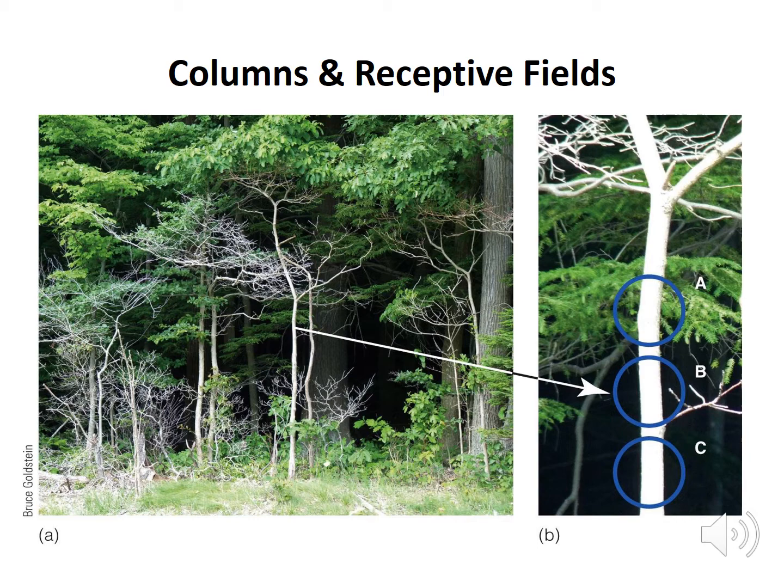This strong vertical line, the stem of the tree, can be described by multiple neurons that align in this vertical dimension, and all of them fire most for a vertical line. So this would indicate here there is a stem of a tree.